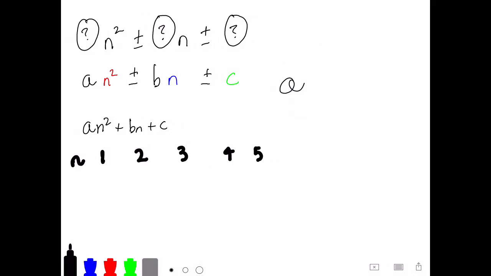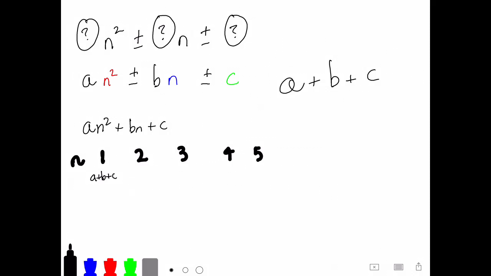Then you move on to the next one. b times n, but it's actually b times 1 because we substitute n for 1, so we have b1, and in that case it would be 1b, and in that case it would be just b. And then finally we just have c, so there you go. So, the first term would be a plus b plus c.